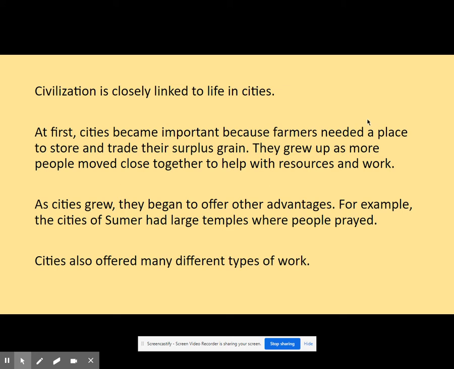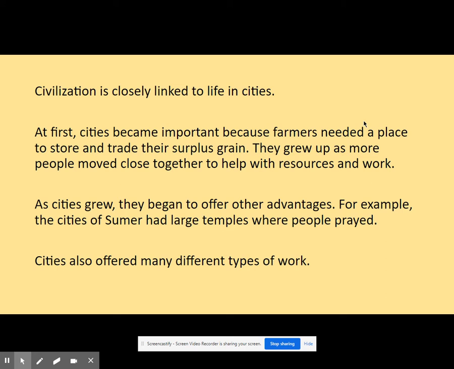So as cities are growing, they're going to begin to offer other advantages as well. So it's not just going to be about farming anymore. So this is one of the reasons why it's linked to civilizations, because we are having advancements. We are having other advantages to life before. So for example, cities in the area of Sumer, which is an area within Mesopotamia, have large temples where people could go to pray.